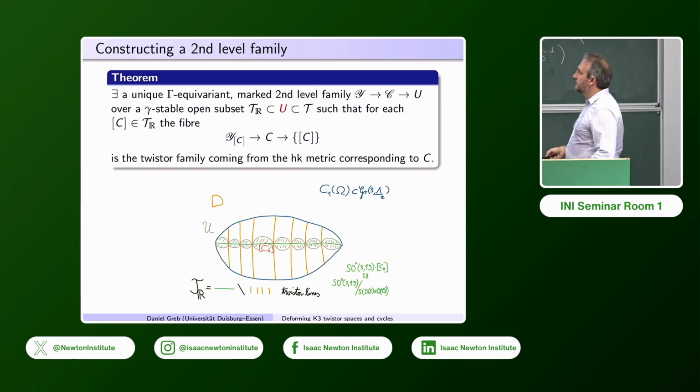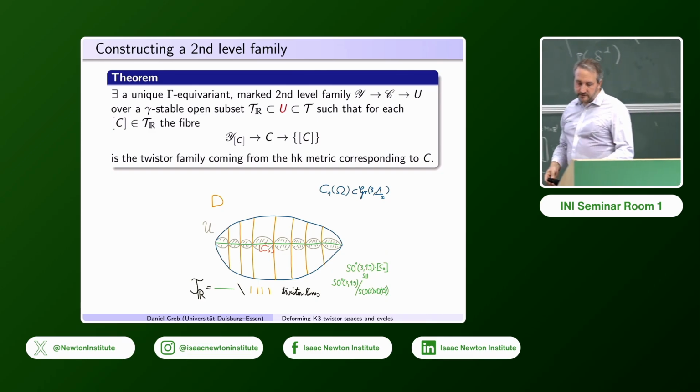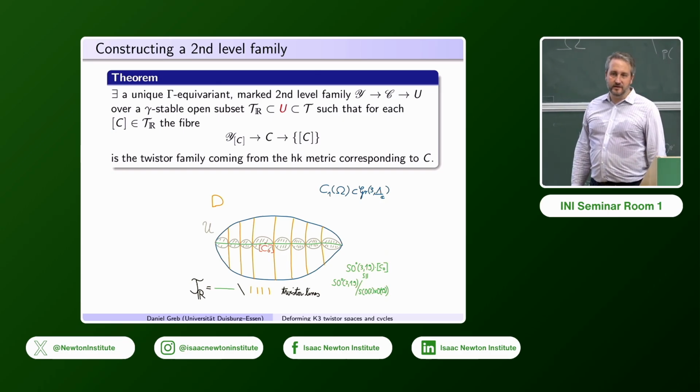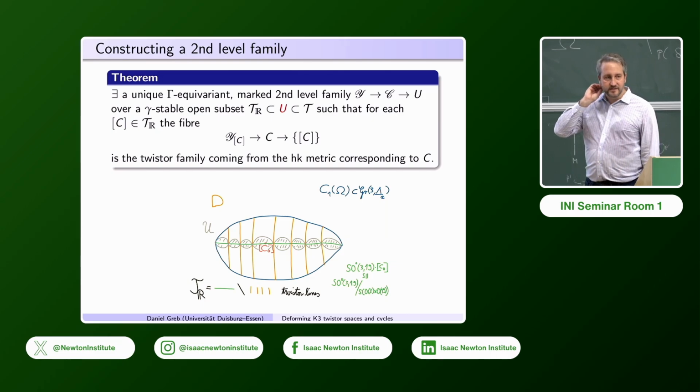Okay, I should say that somehow the existence of this family over this green thing was, let's say, described in a survey article by Ryoichi Kobayashi in conference proceedings from 1990.